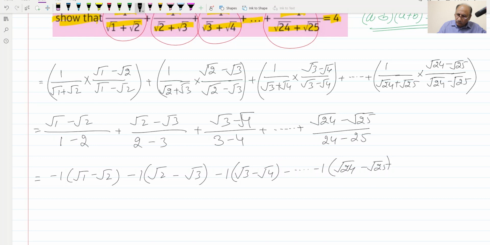So now the next step will be, we can open the brackets and signs will change.